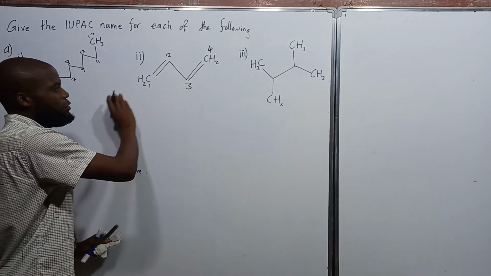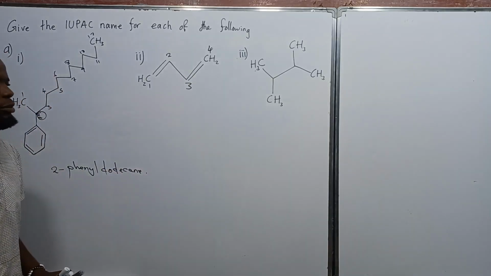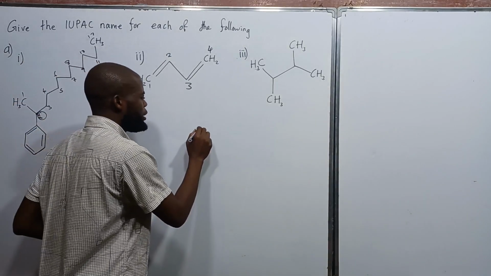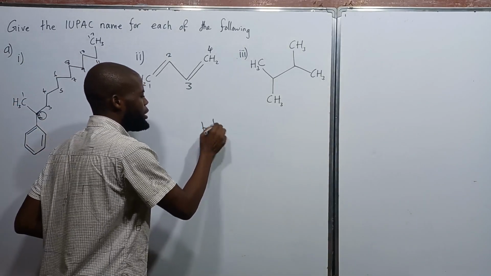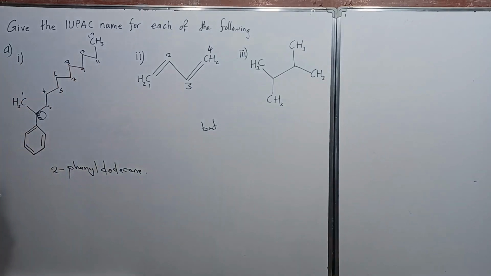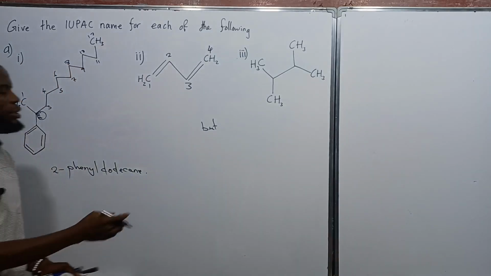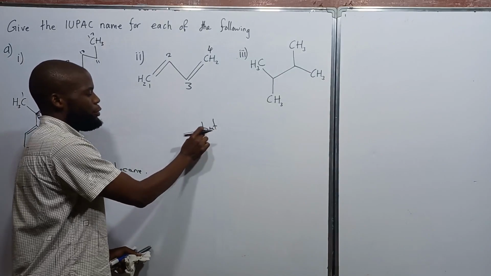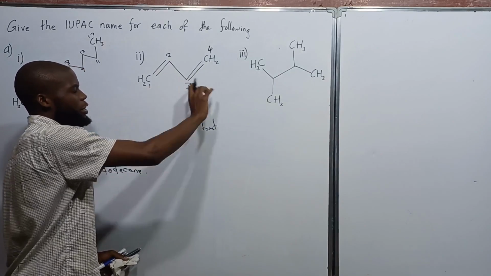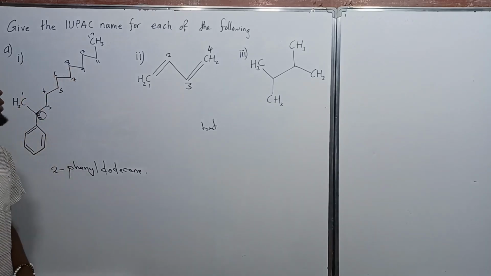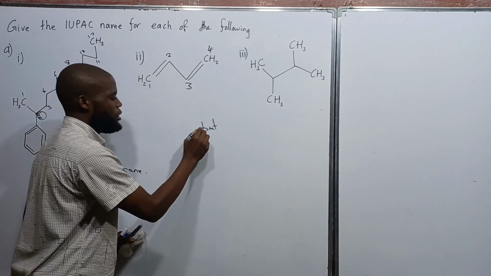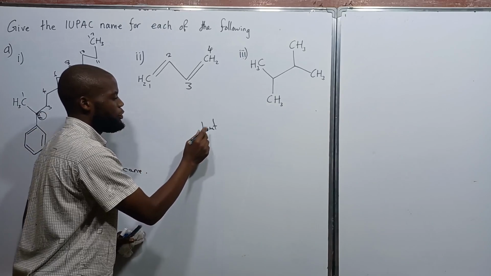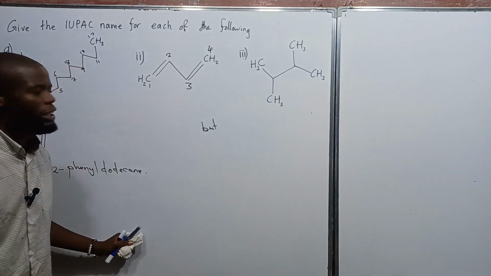Since there are 4 carbons, the parent chain of 4 carbons indicates the prefix of but-. The but only indicates that the compound consists of 4 carbons. So now, since the compound consists of 4 carbons, it becomes a butene.